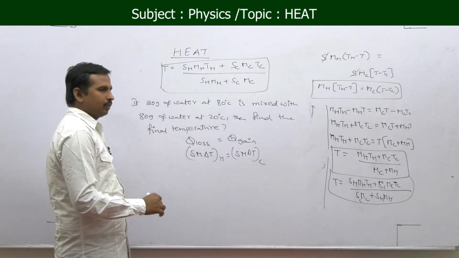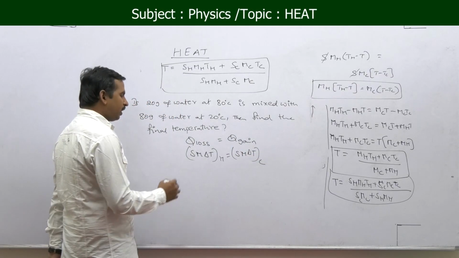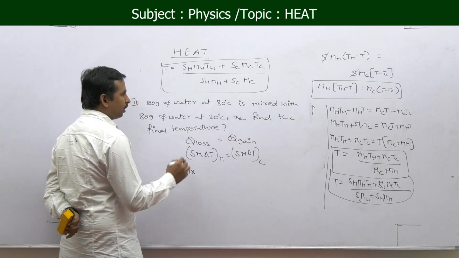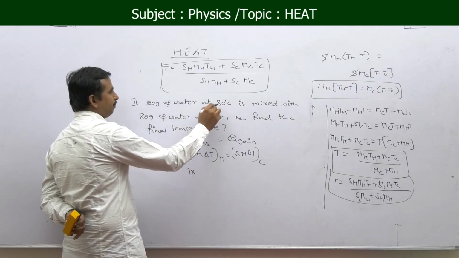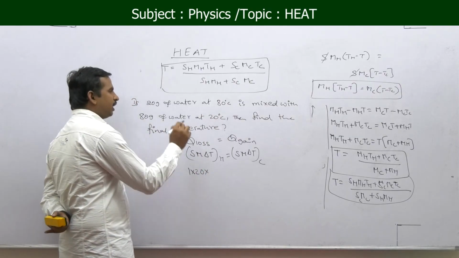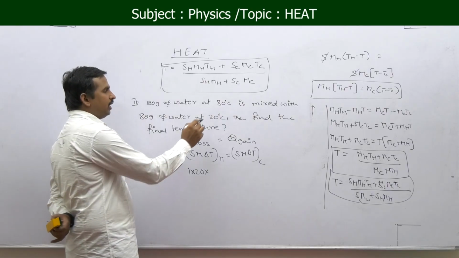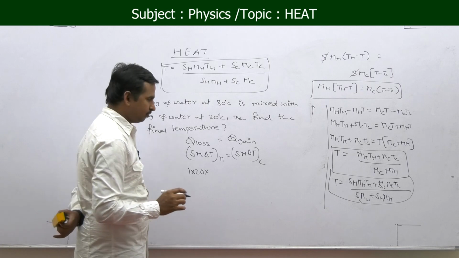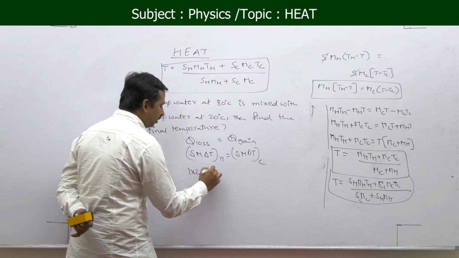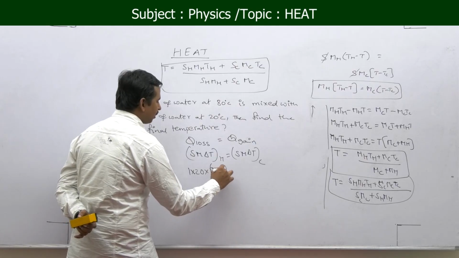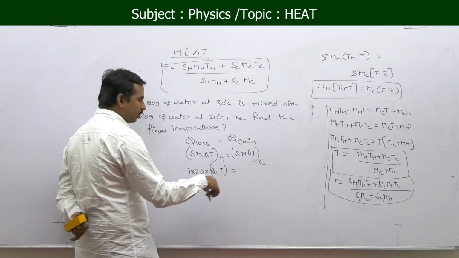The specific heat of water is 1, the mass of the hot body is 20 grams, and the change of temperature is 80 minus T, since the final temperature is unknown. This is for the hot body.